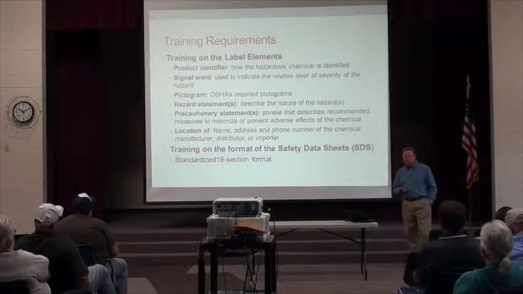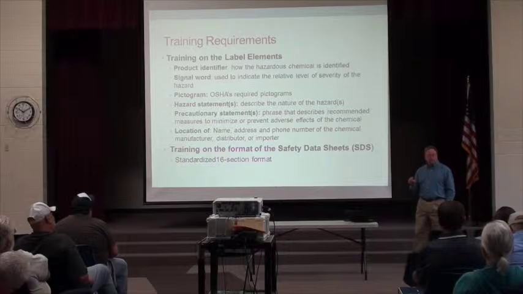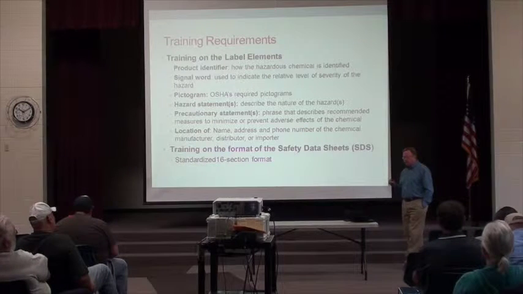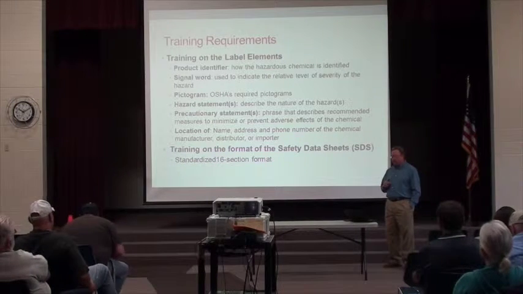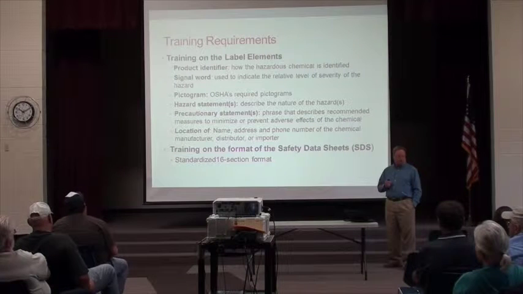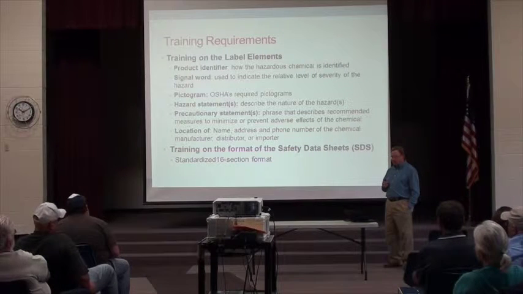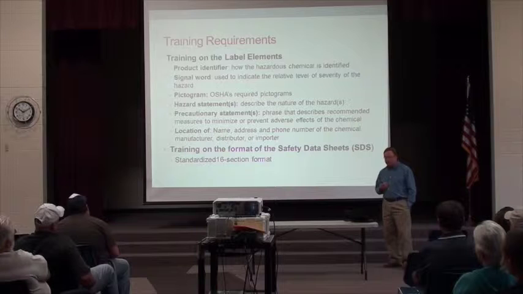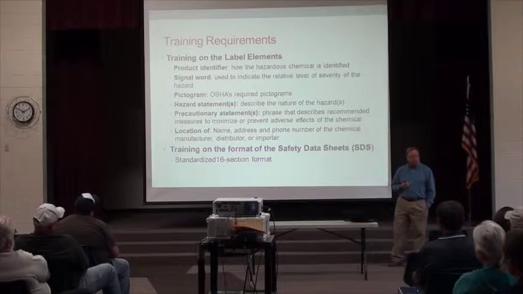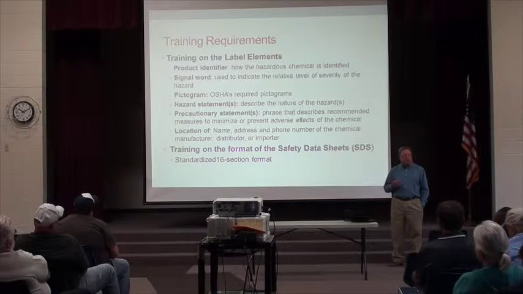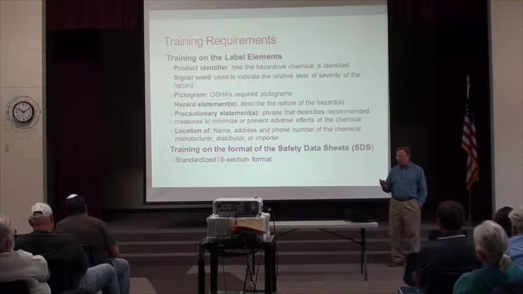There's another thing that's pretty important: the hazard statement. This is going to tell you the nature of the hazard of that product. And there's another section on precautionary statements. This is going to talk about how you can protect yourself from that chemical. And then, of course, the location, where that chemical comes from, is required to be put on there.